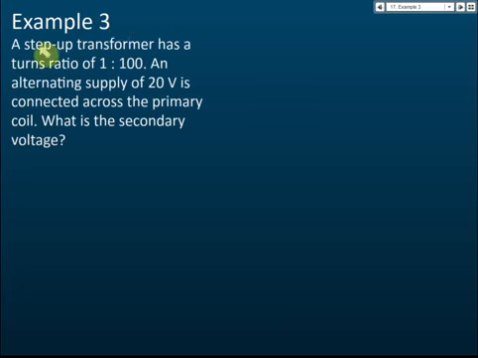Example 3. A step-up transformer has a turns ratio of 1 to 100. An alternating supply of 20 volt is connected across the primary coil. So what's the secondary voltage?